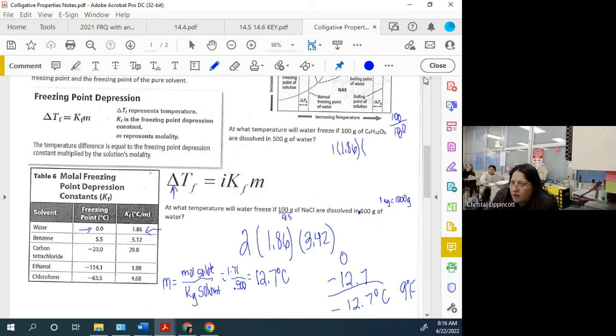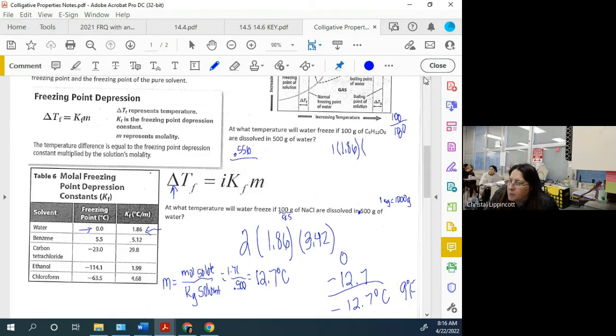So that's 0.556 for the moles of this. 180 is the molar mass. I took 6 times 12, 12 times 1, and 6 times 16, and I added those together. That's how I got 180. I happen to have that one memorized.